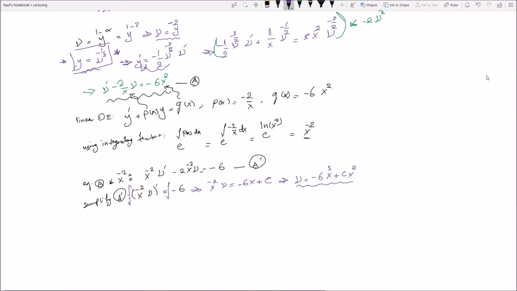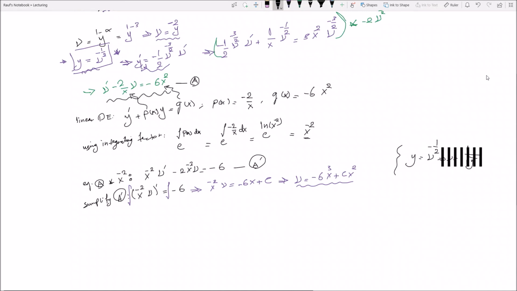But to solve our original equation, we don't need the value of nu. We need the value of y. So going back to our assumptions, we assumed that y equals nu to the power of minus 1 over 2.